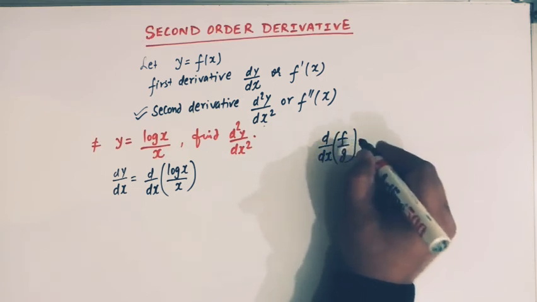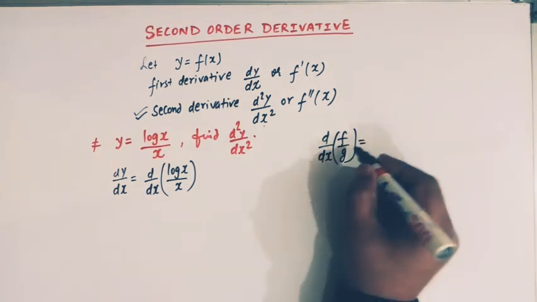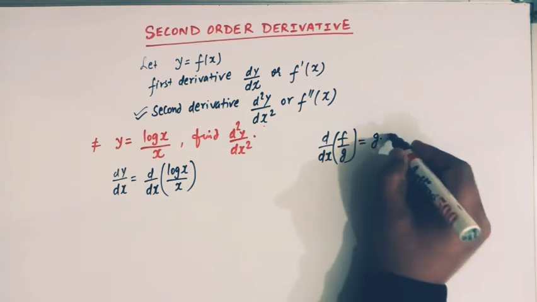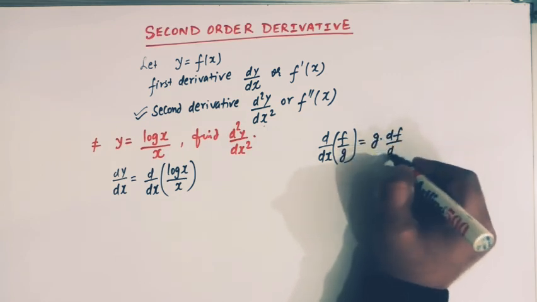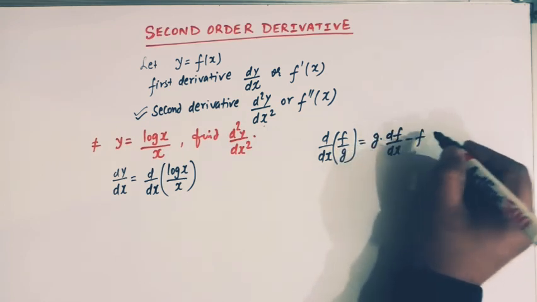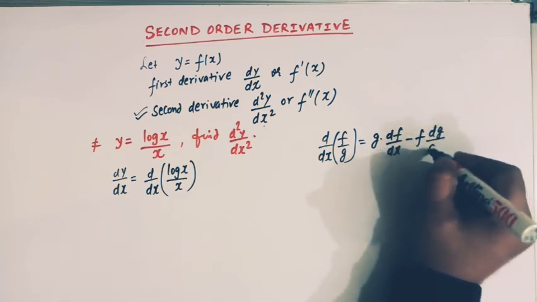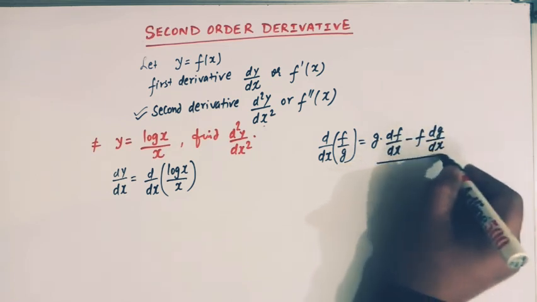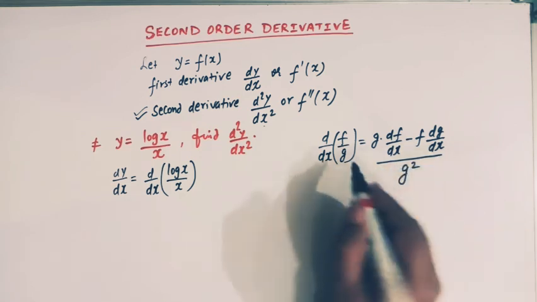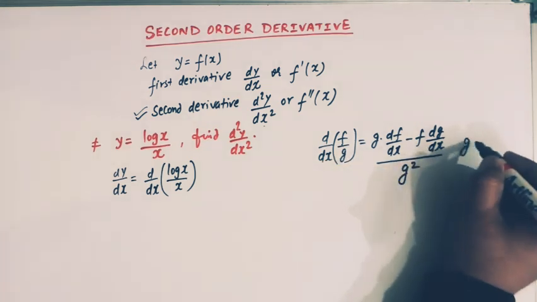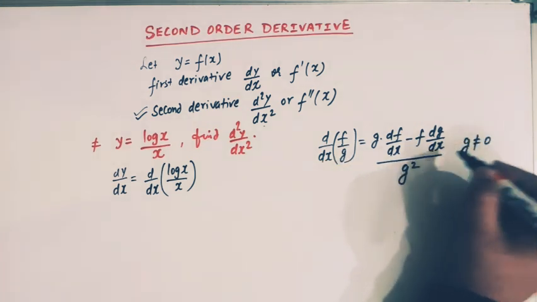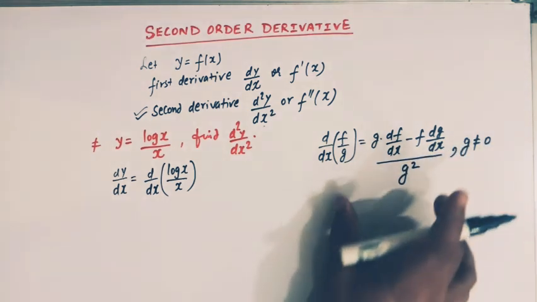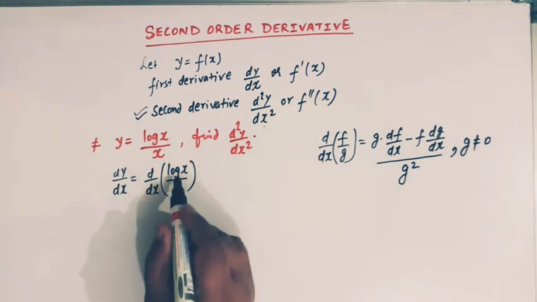So here we'll apply the quotient rule, and the quotient rule is g times df over dx minus f dg over dx, divided by square of g, and here g is not equal to 0. So we'll apply this rule to this function.